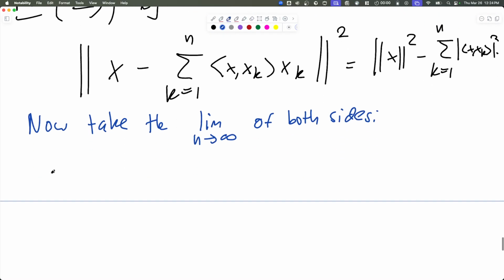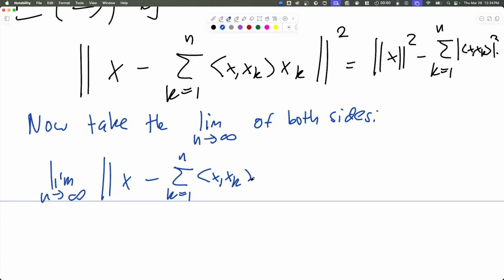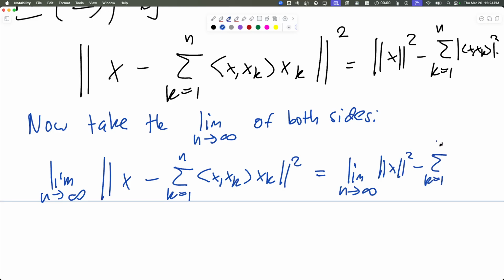So we have the limit as n goes to infinity of the difference, which takes a while to write down, is the limit as n goes to infinity of this side. And we're assuming that Parseval's equality holds. When Parseval's equality holds, this limit is 0. This is comparing the norm of x to the infinite sum over here.